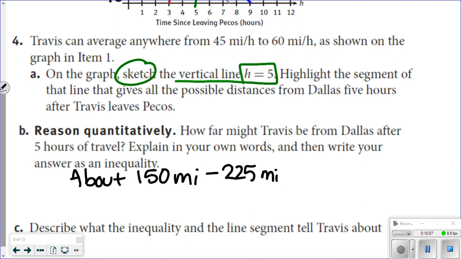So he's at least 150 miles and at most 225 miles away from Dallas. Okay, and you can write those words out. He's at least 150 miles and at most 225 miles from Dallas. Now, sometimes I get 140, 160, 165, 155. It's okay if your numbers are not exactly the same as mine.